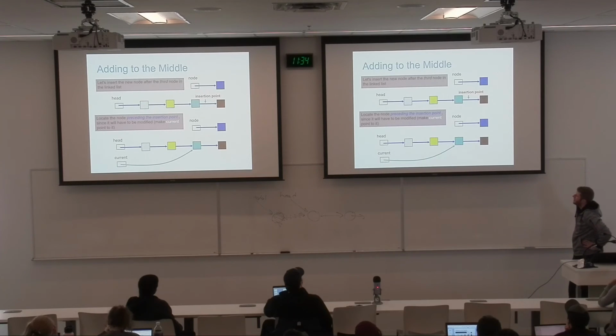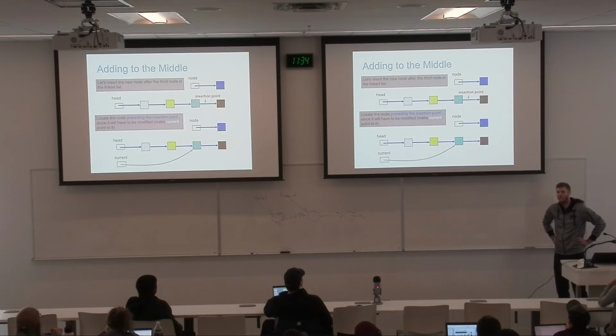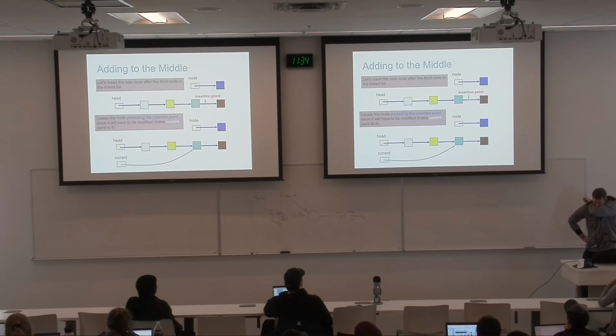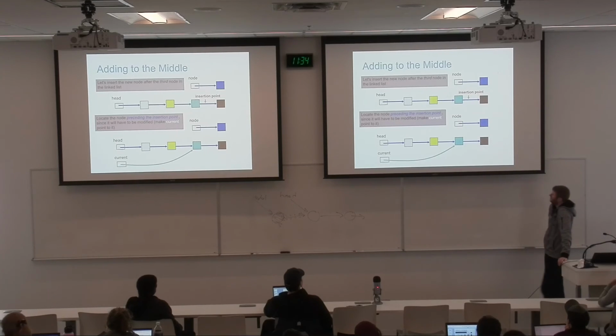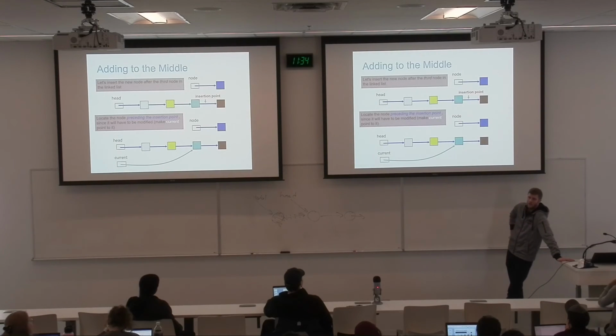What happens if I say current set next to node? You'll lose the black one. Bingo. We're going to lose the black one.